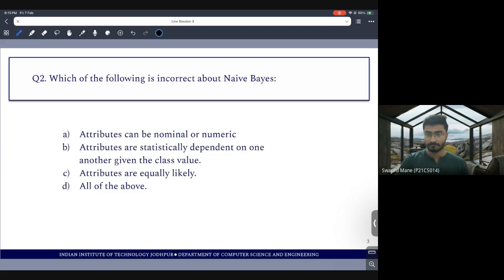Yeah, maybe it should be option B. Yes, is there any other possible option? D. Someone is saying that all of the options are incorrect.